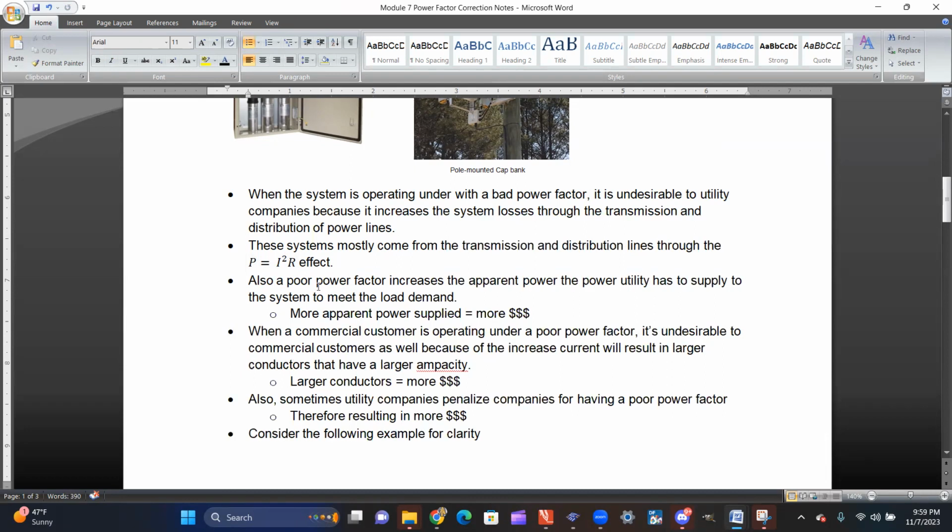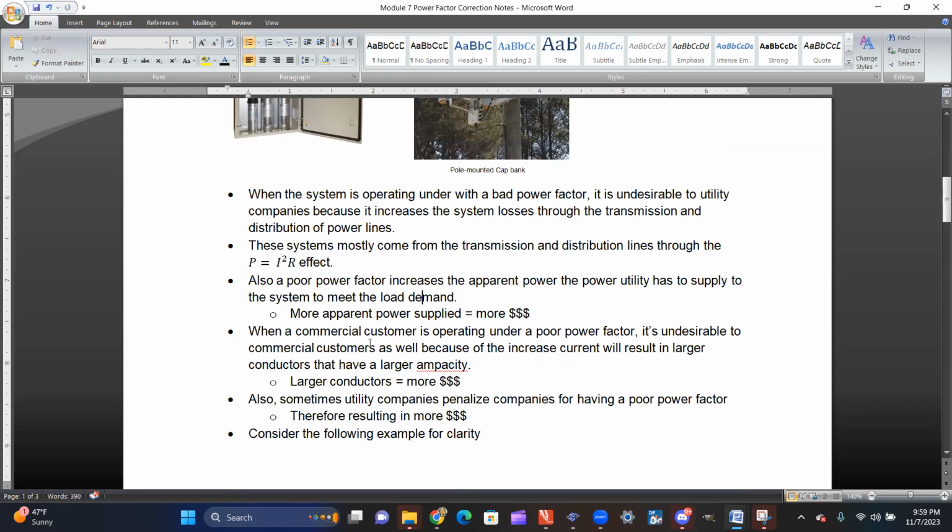Also, a poor power factor increases the apparent power that the power utility has to supply to the system to meet the load demand. Therefore, the more apparent power needed to be supplied equals more money that the power company has to invest in energy.